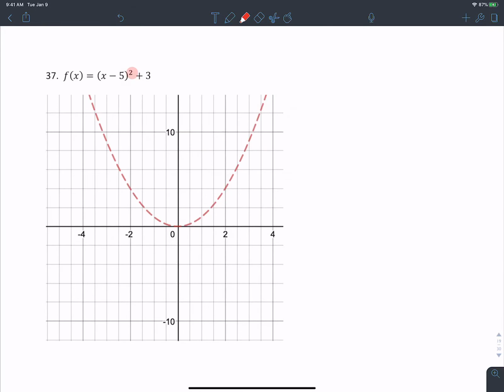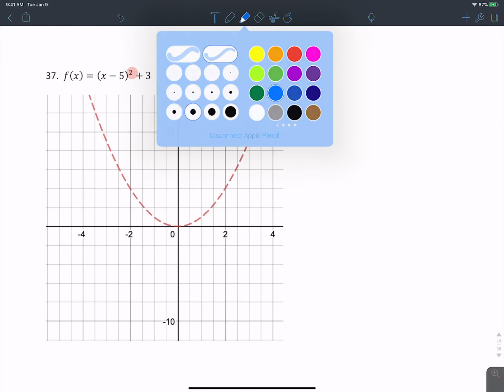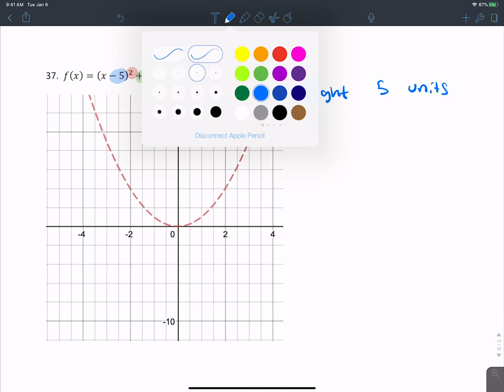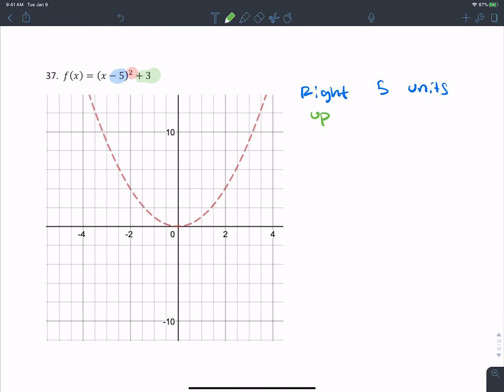A nice quadratic, and we see that quadratic already there. Minus 5 means we shift to the right 5 units. Plus 3 means we shift up 3 units. And you say, what do I shift? I shift that origin.